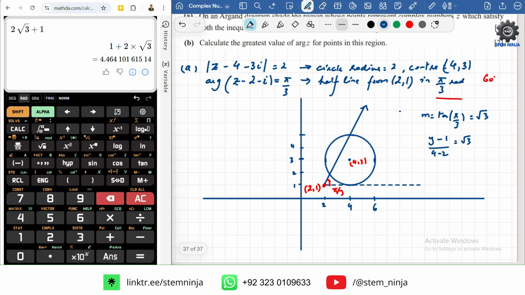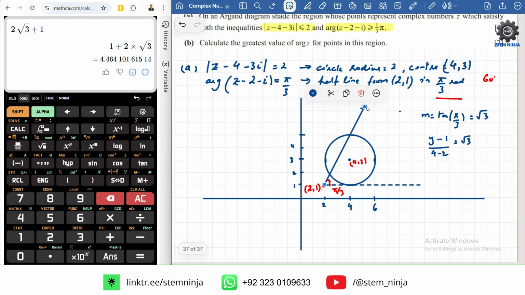So roughly it's going to 4.4, so over here, right over here. This will be the place that it's going. Okay, right. So yeah.